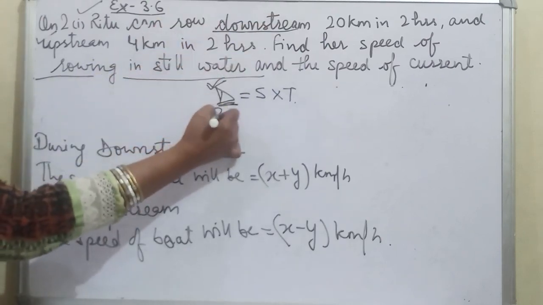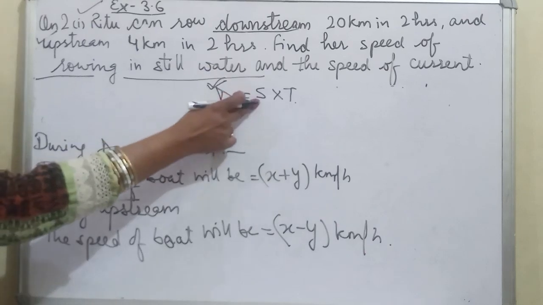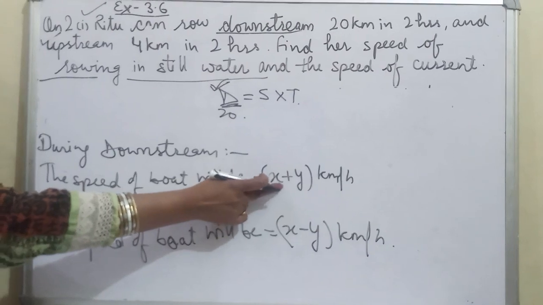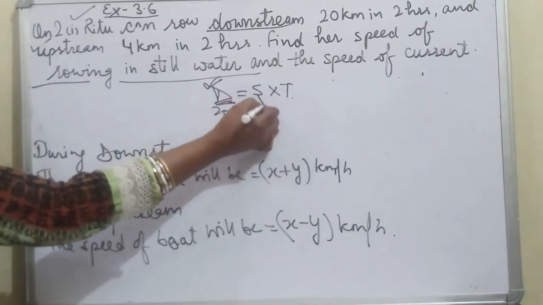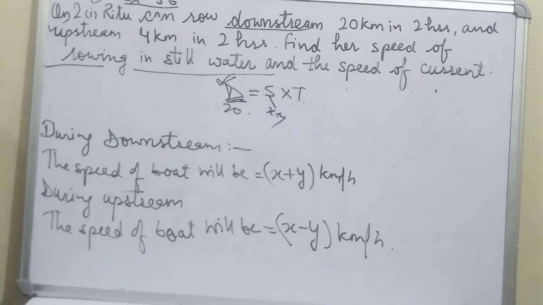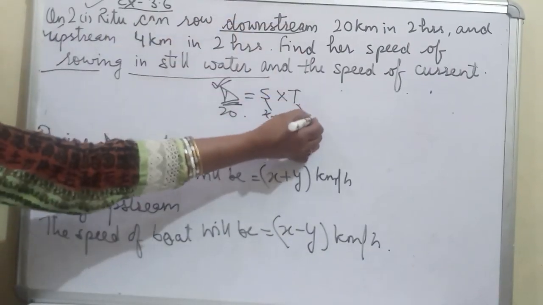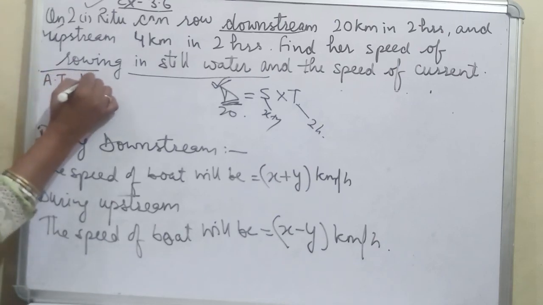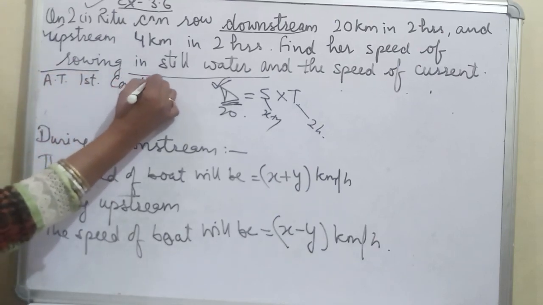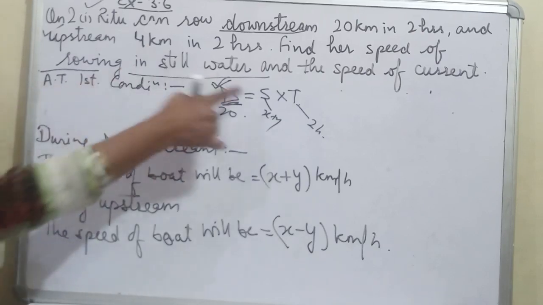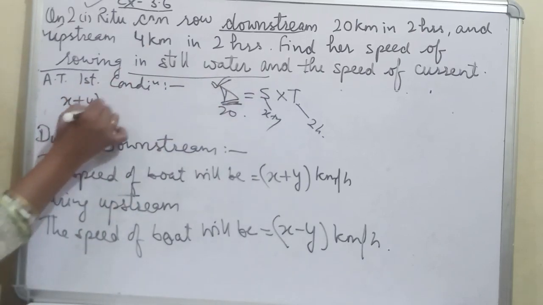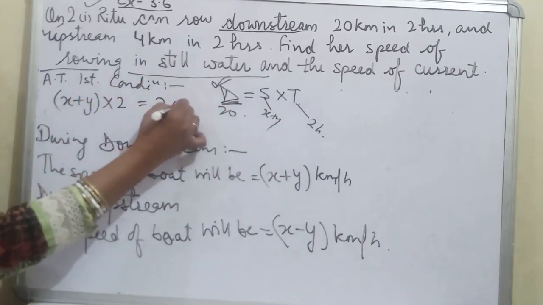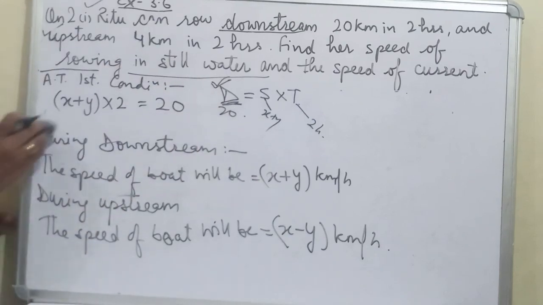The distance is 20 kilometers, and the speed at that time, because she is rowing downstream, is x plus y, and the time is 2 hours. So according to the first condition, the equation will be speed into time equals distance.